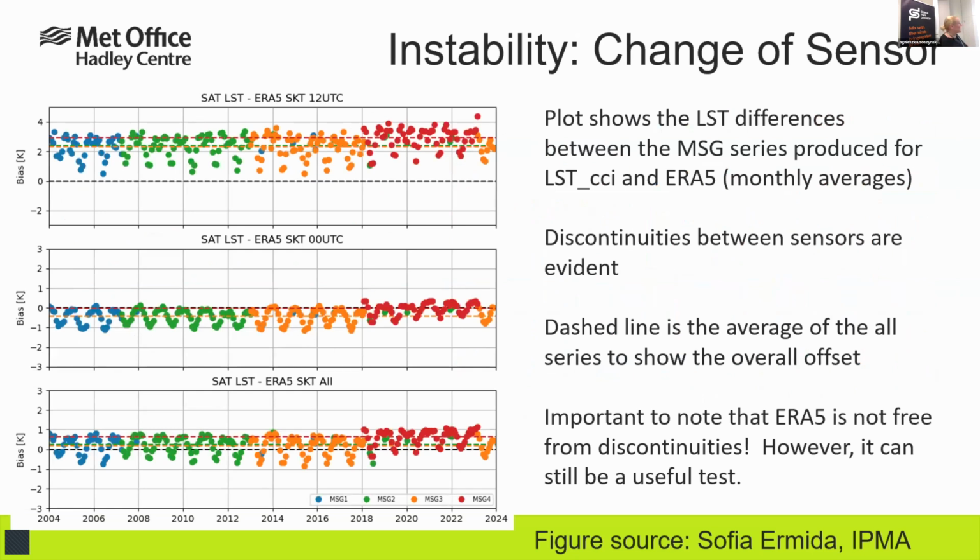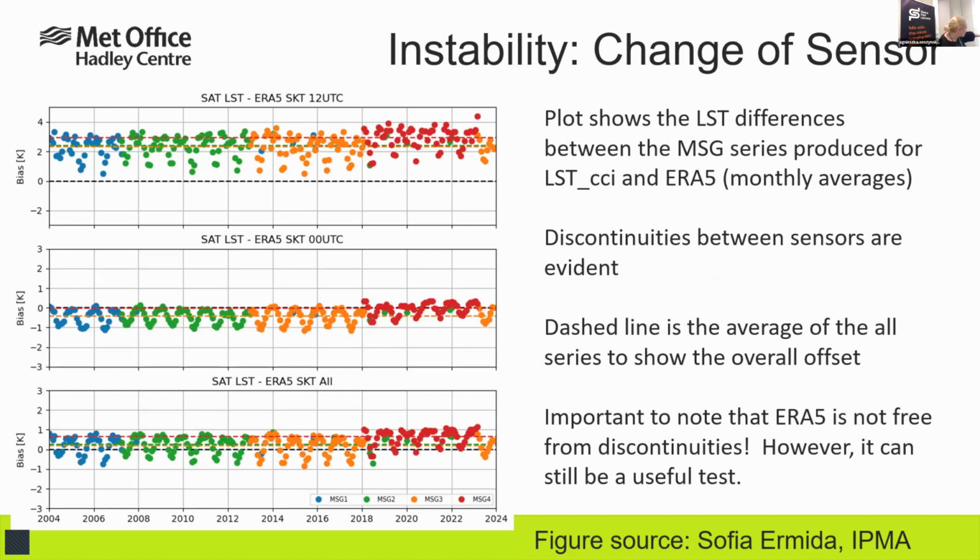The other thing to be mindful of, especially when you're using data from multiple sensors, is that changing sensors can have an impact. This is again from my colleague at IPMA, Sofia. These are differences between MSG LST, the Second Generation from SEVIRI, different SEVIRI instruments. Each SEVIRI instrument is coloured in a different colour.